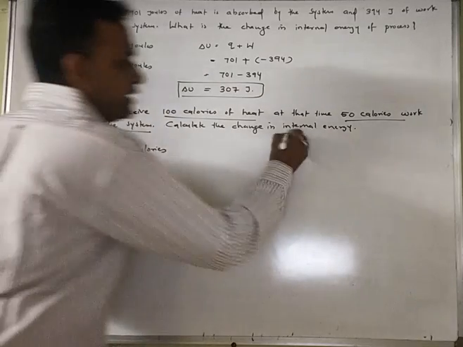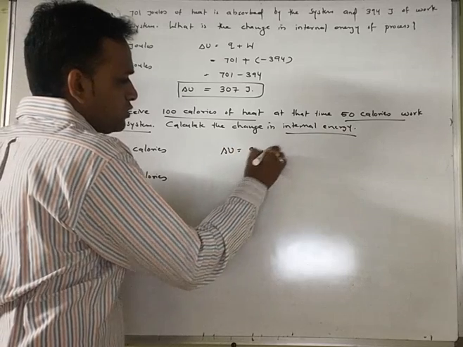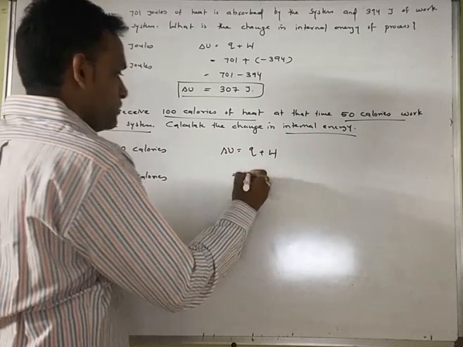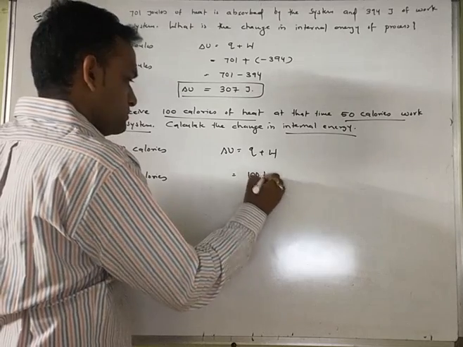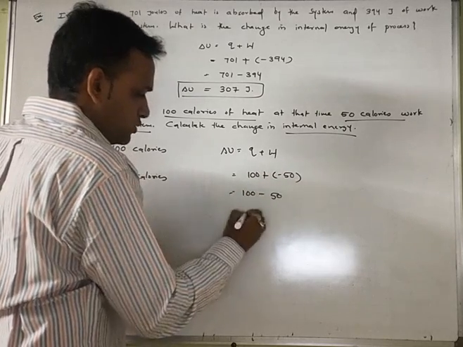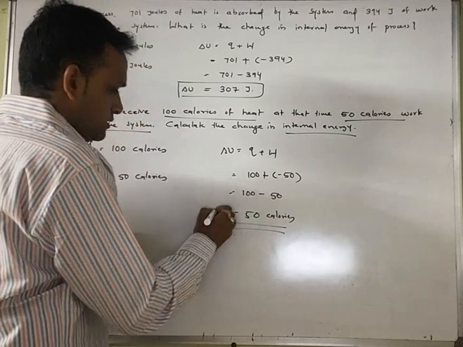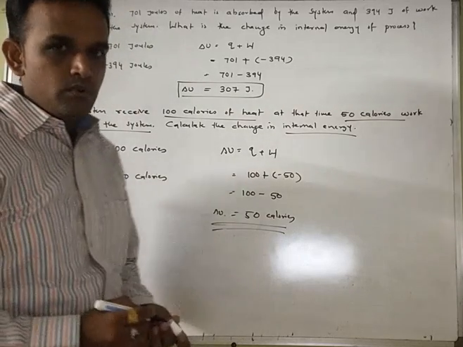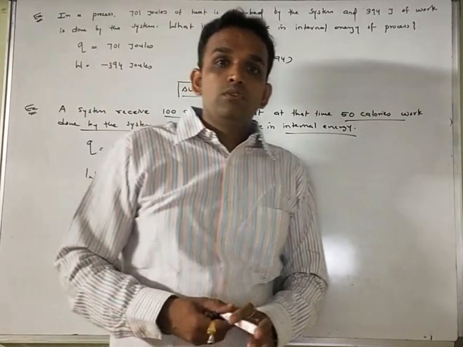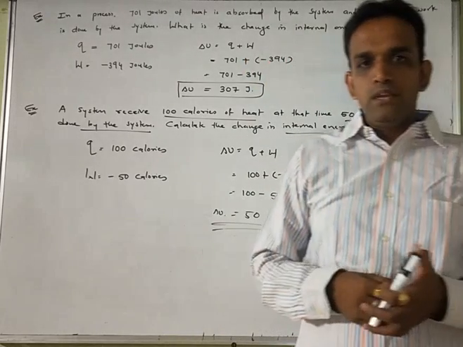Now we have to find out the change in internal energy, that is delta U equals Q plus W. Put here Q 100 plus minus 50. So 100 minus 50, you get 50 calories. Understand? This we can say delta U. Okay, so this is how you have to calculate internal energy as well as the enthalpy, right?